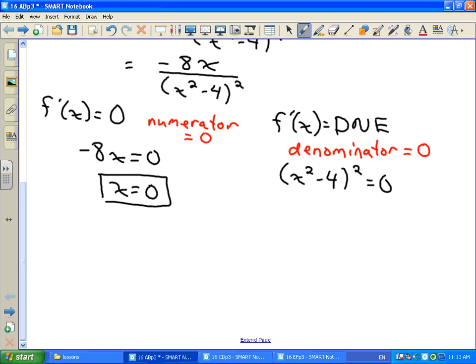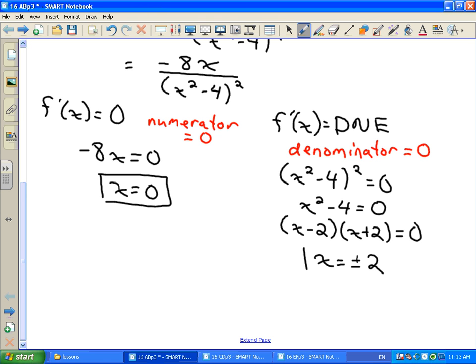And let's solve. We can take the square root of both sides to get x squared minus 4 equals 0. And we can factor the left side as a difference of squares. X minus 2 times x plus 2 is going to equal 0. So here we have two critical numbers, x equals positive and negative 2.